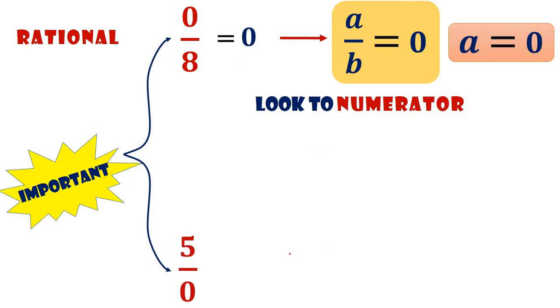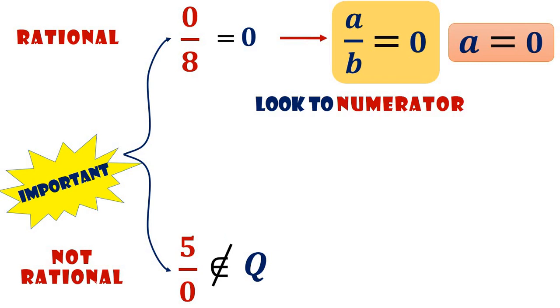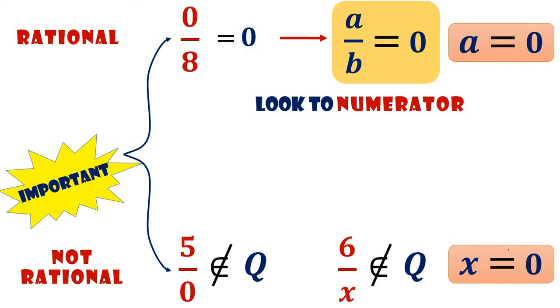Another example, 5 over 0, we said and defined, very good. So 5 over 0 does not belong to Q. So 5 over 0 is not a rational number. If we have a fraction like 6 over x not belonging to Q, we can say x equals 0.